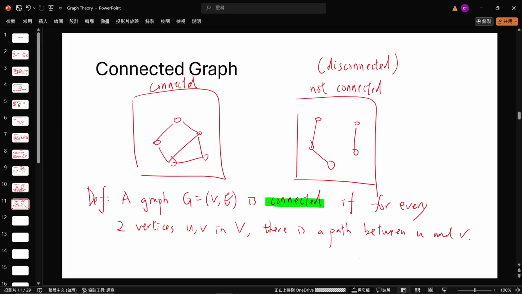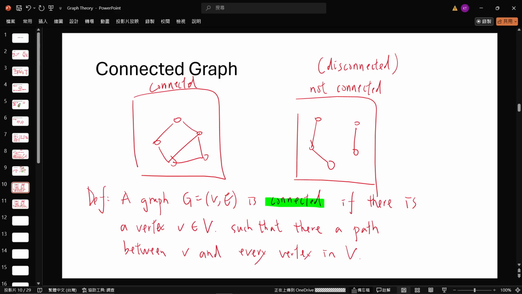So now it seems like we have two different definitions. So my question is, are they like the same or equivalent? So this means, say I have a graph that satisfies this definition, okay? Is it always true that the graph would also satisfy this condition, okay?